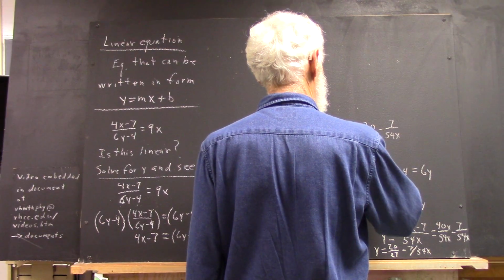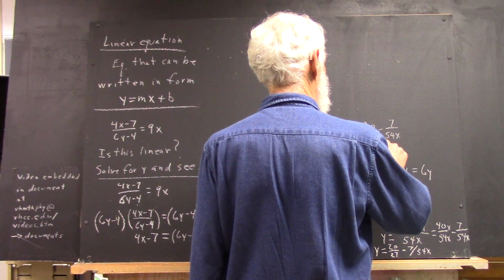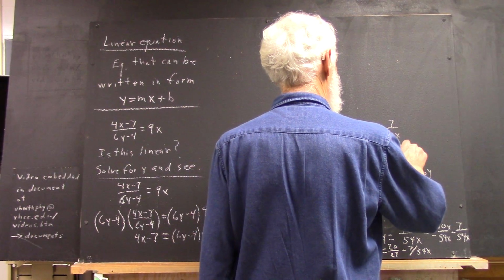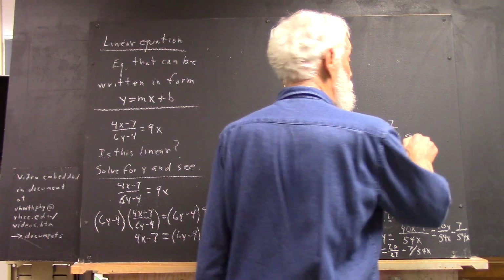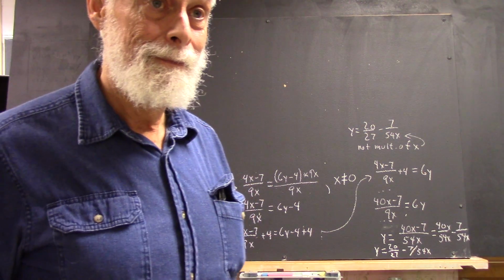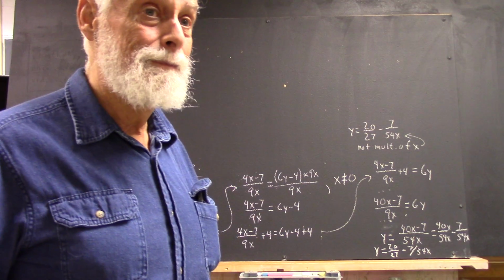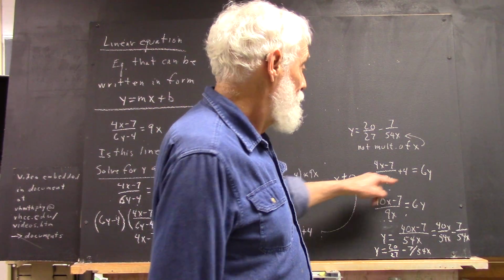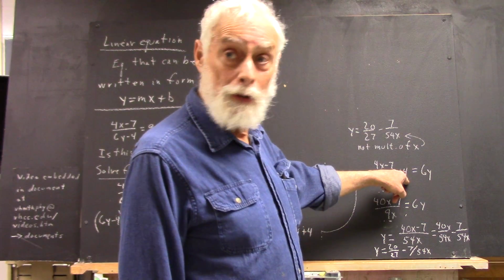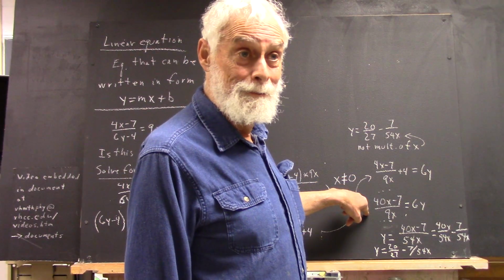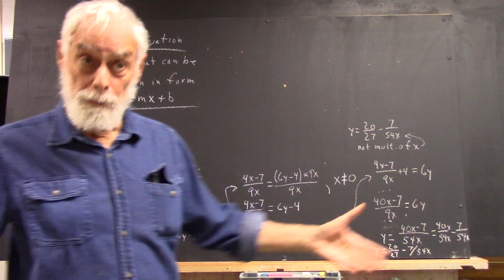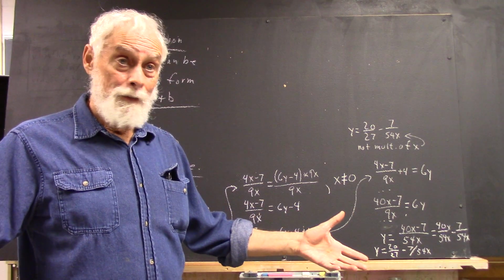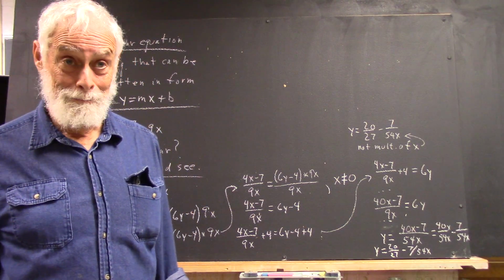I think we kind of lost a lot of people when we got to 40x minus 7. I'm sorry? You lost a lot of people with... Yeah. 40x minus 7. Well, you do what you do with common denominators, and that's what you get. Okay, so I want you to fill in those spaces there, those blanks.